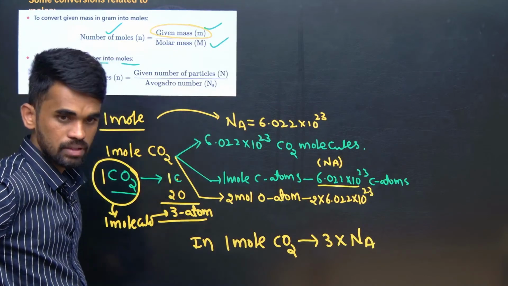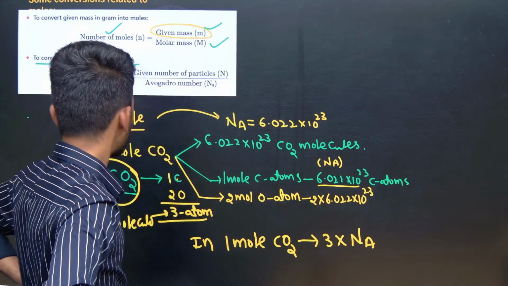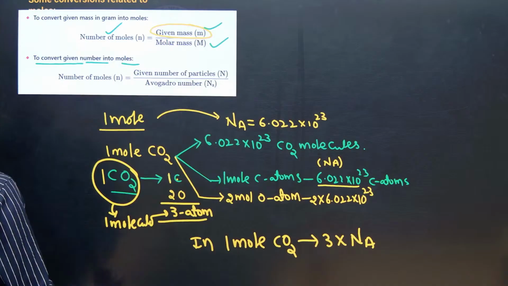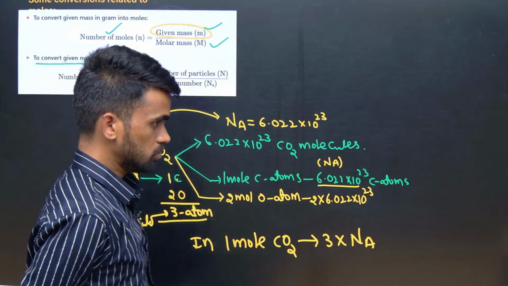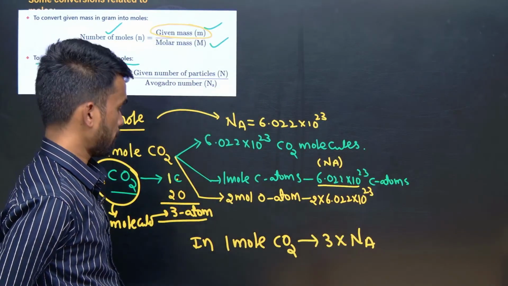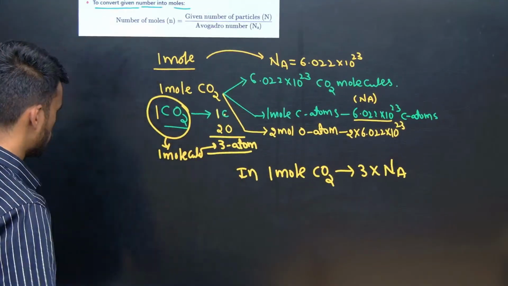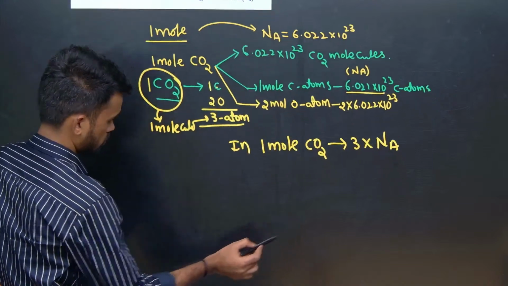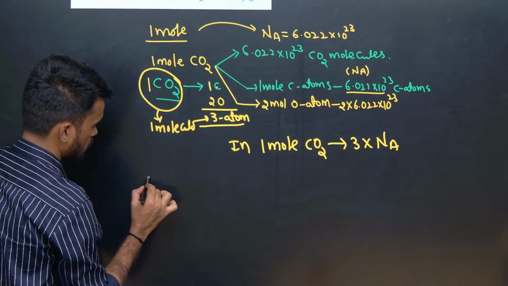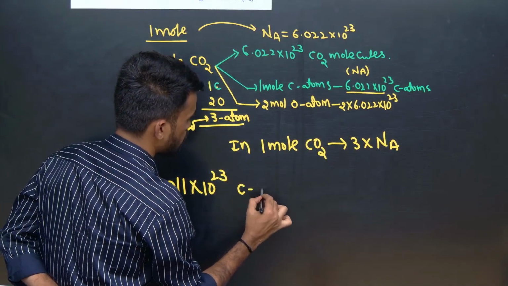This is clear now? Now let us understand a little more about this formula and its applications. Now I am giving you 3.011 × 10^23 carbon atoms.